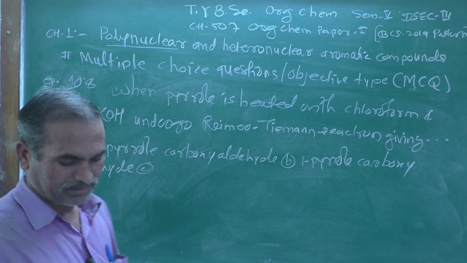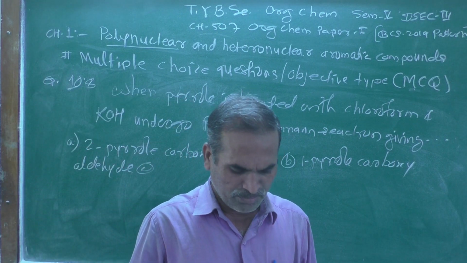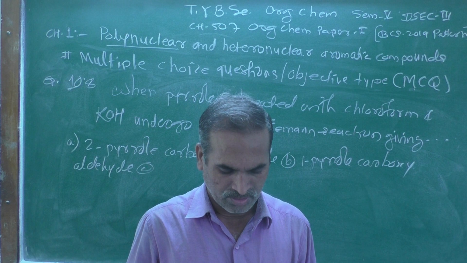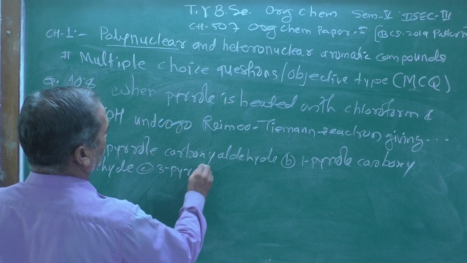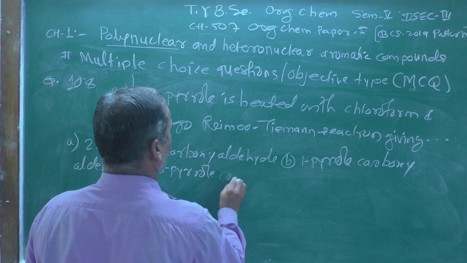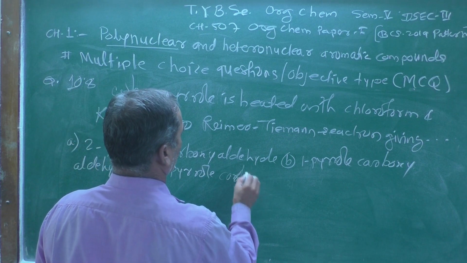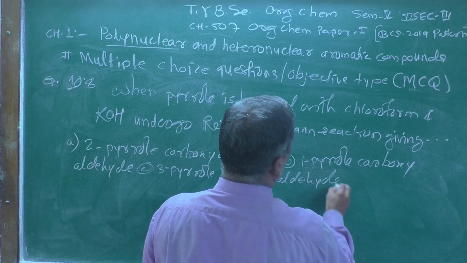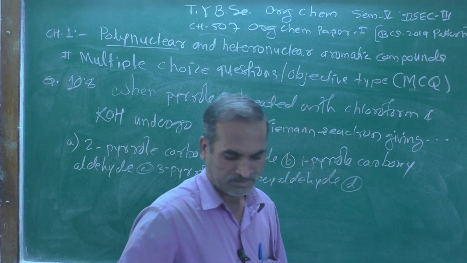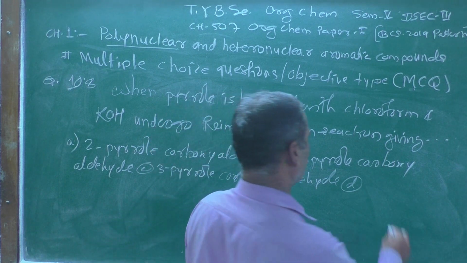C would be 3-pyrrole carboxaldehyde, and D would be all of these.